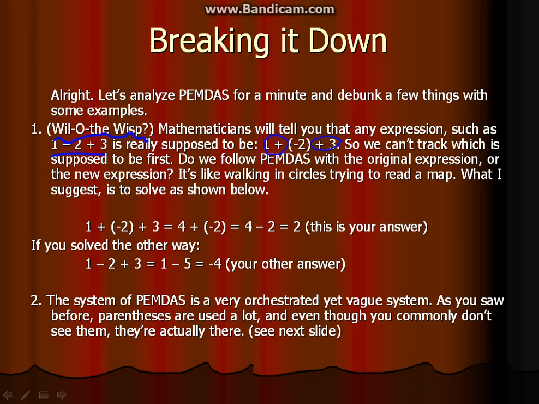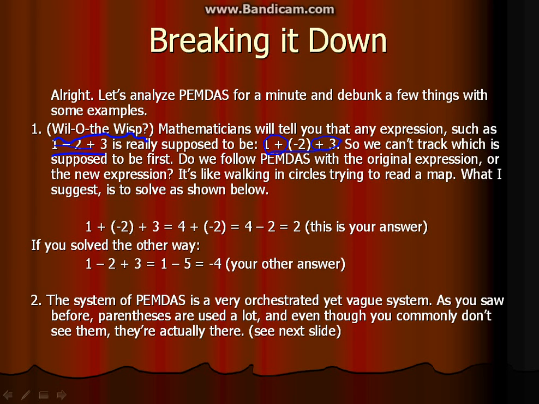Well, what they tell you is to go in order. So do we follow PEMDAS with this expression, or with this expression? It's like walking in circles trying to read a map.